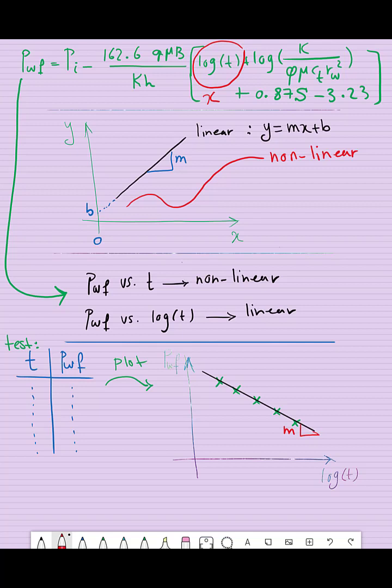And according to this equation, this slope, what is this slope going to be? If I look carefully at this equation, this slope is the coefficient of x, and our x here is log t, right? So this slope will be corresponding to this whole term.